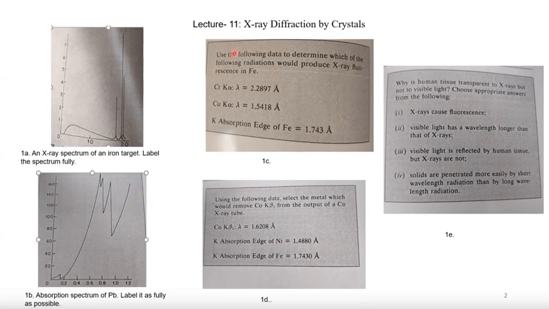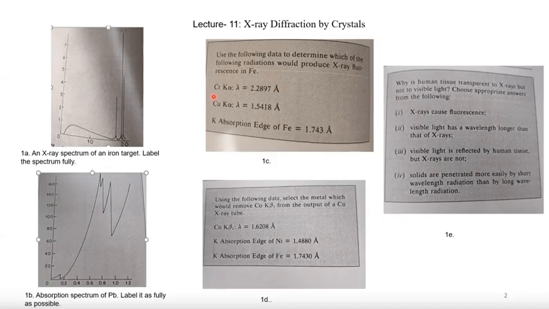The next problem is this one. Using the following data, determine which of the following radiation would produce X-ray fluorescence in iron. That is the question to us. The data given are chromium K alpha wavelength, copper K alpha wavelength, and the K absorption edge of iron. We are to find out which of these wavelengths will produce X-ray fluorescence in iron.